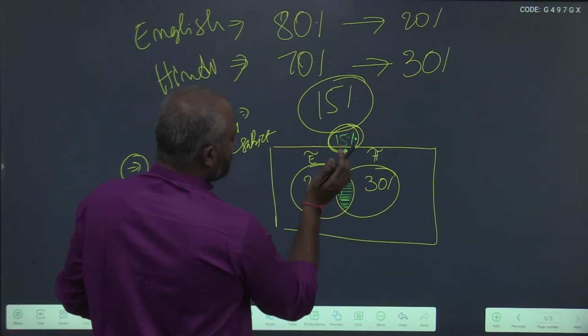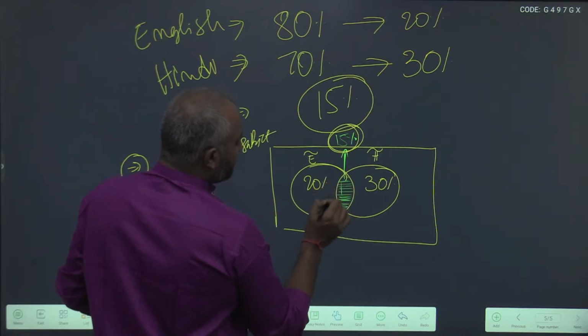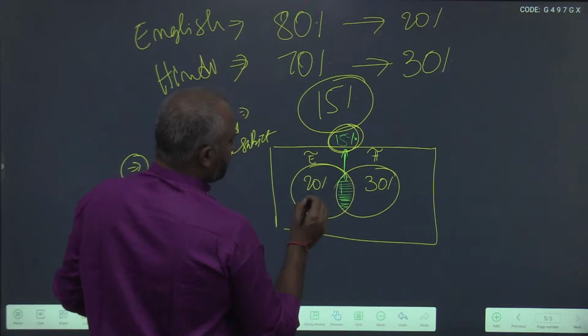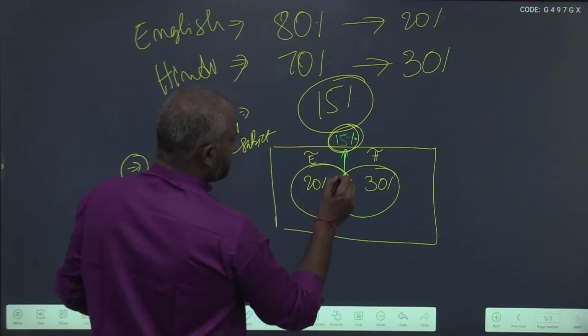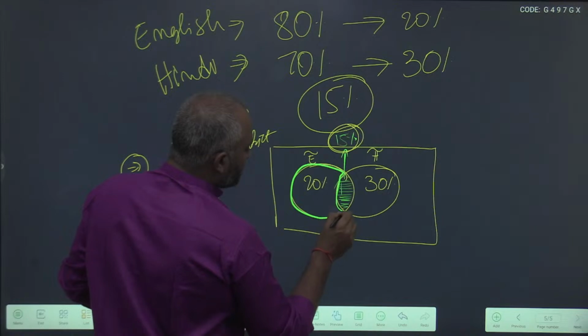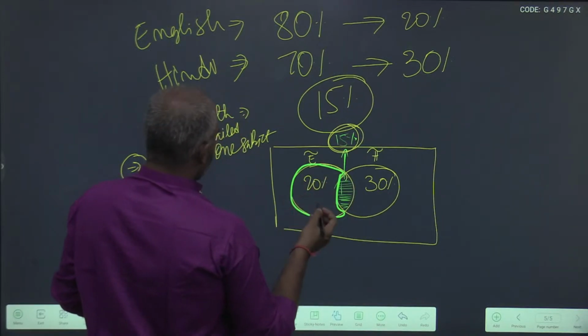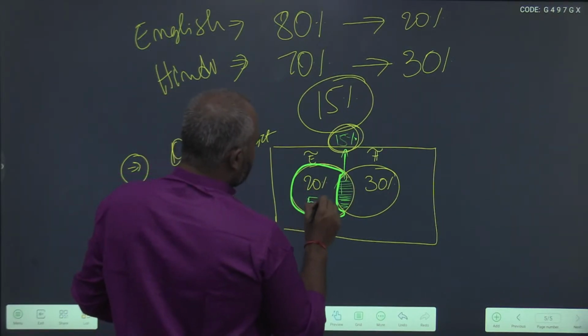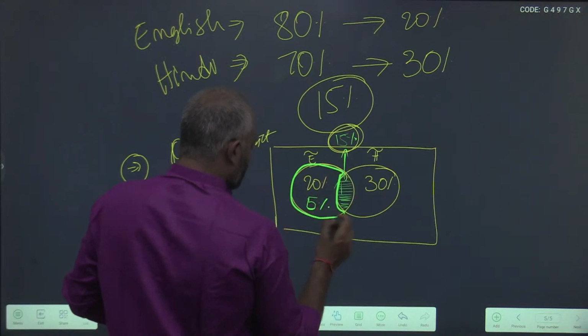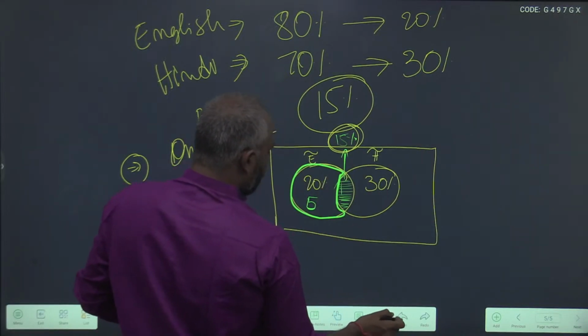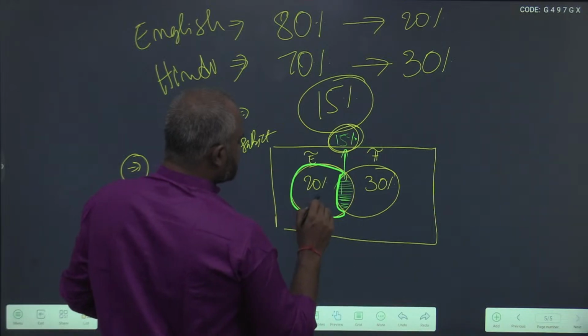The whole is 20%, and this part itself is 15%. So how much is the part of people who failed in just English? It is 5%.